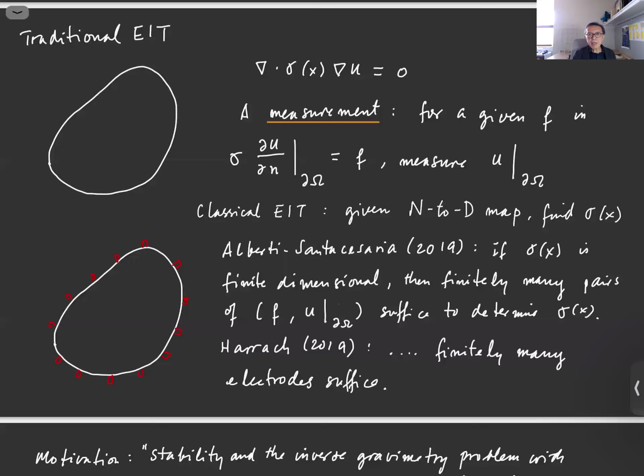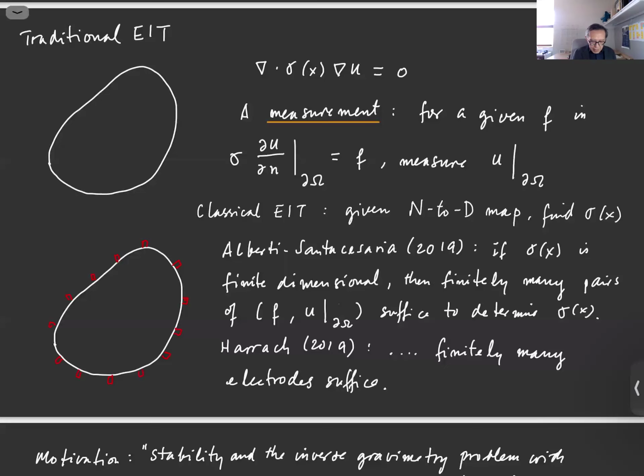So they're still thinking about this abstractly as a theoretical problem. It was made more real by Harrach, also in 2019, where he shows that if you have finitely many electrodes, the conductivity which can be represented with a finite number of unknowns can be determined from this finite number of measurements on these electrodes.